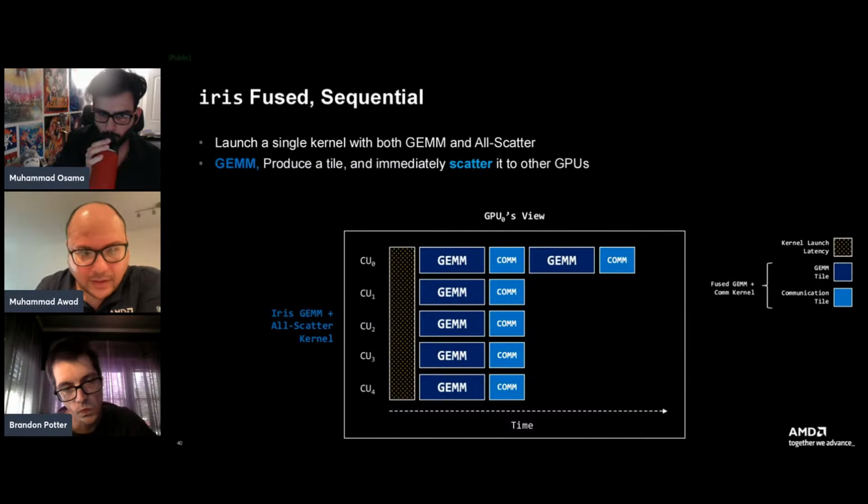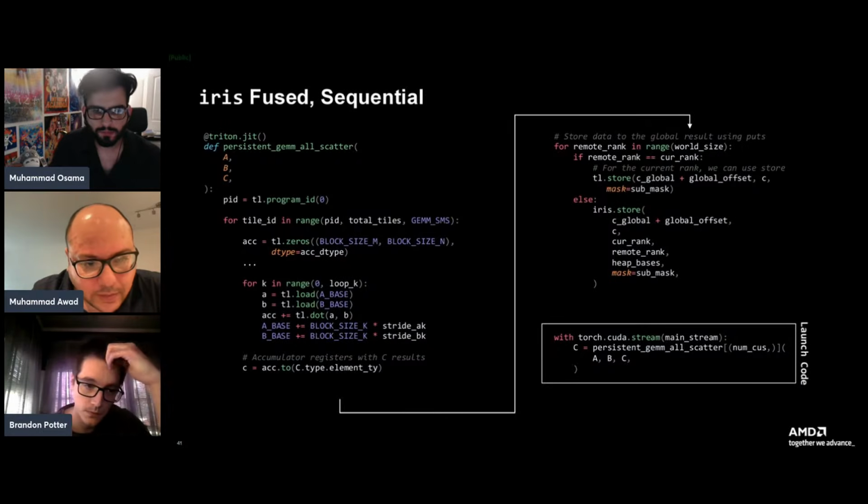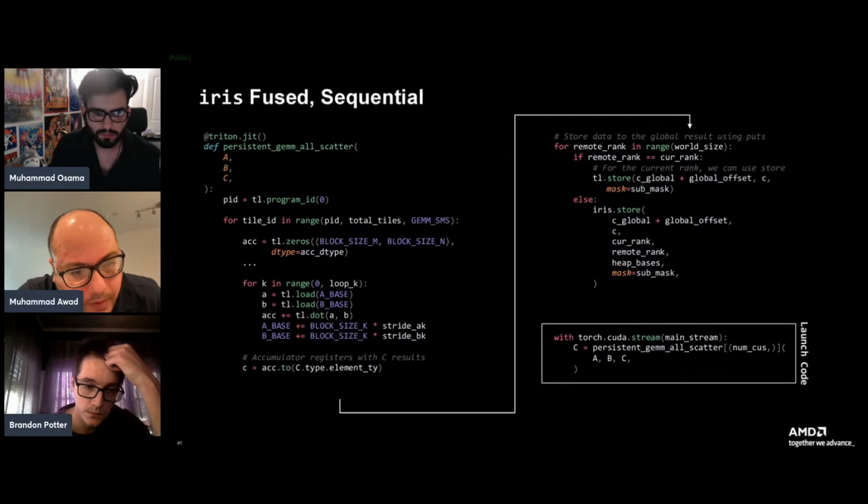Yeah, thank you. Okay, so here's how the code looks. On the left-hand side, you're just producing the gemm tiles like we have seen before, but this time you don't have to write to main memory because you fused it already. You have this uber kernel that is ready to send the data across.